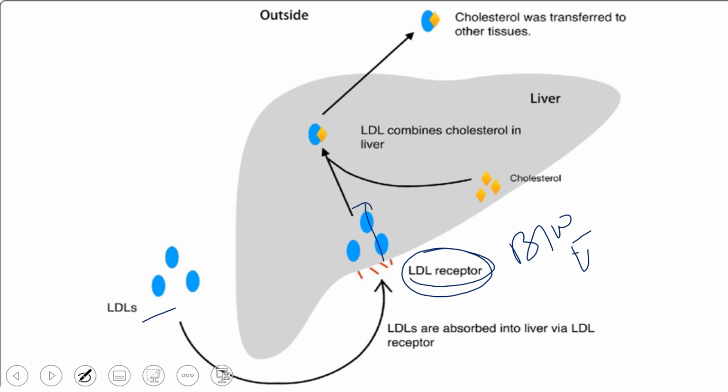So LDL is taken into the hepatocytes with the help of the LDL receptor, which recognizes B100 of LDL. B100 is present in LDL, and E is present in the chylomicron remnant.